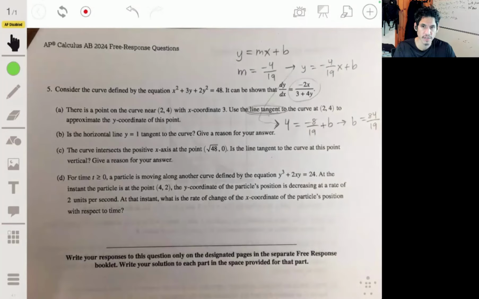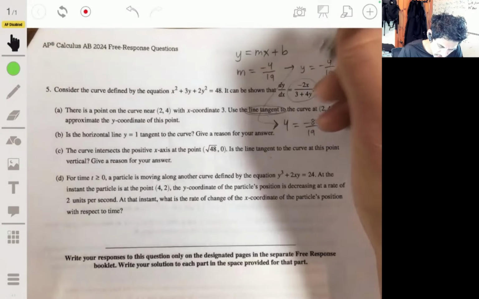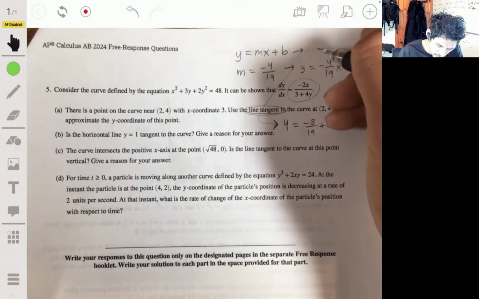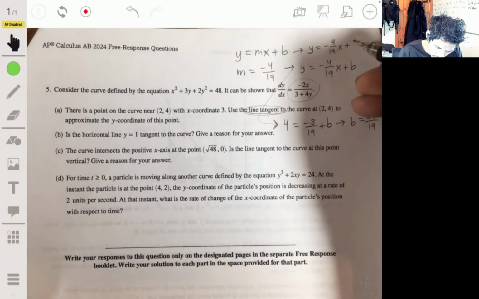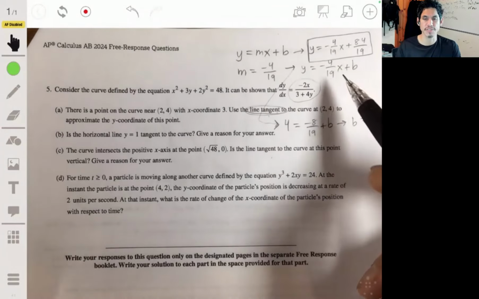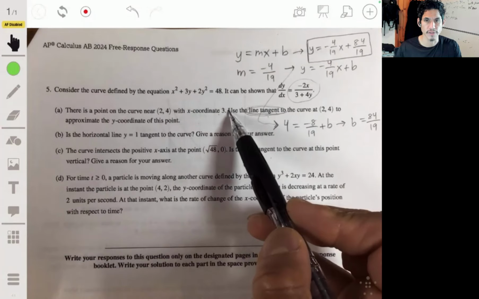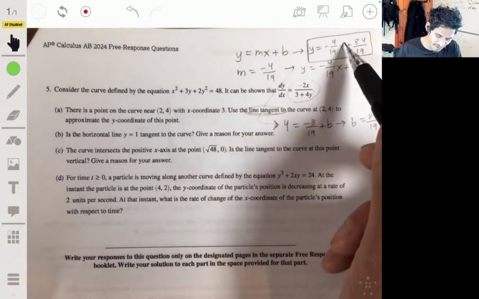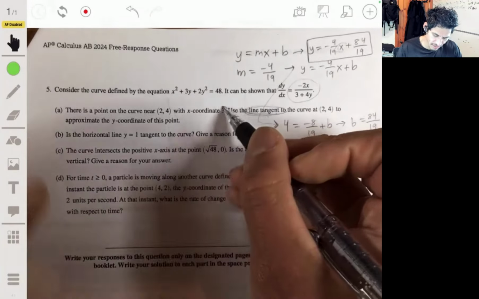Now this is gonna be a tedious one, as we can see. That's what makes it fun, I guess. So our equation will be this. And now we just use this to find the y coordinate by plugging 3 into here. So we're gonna get another weird number.